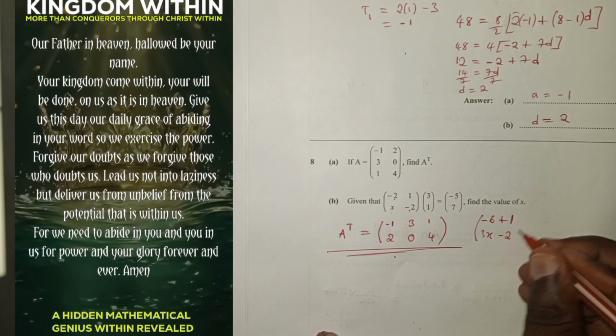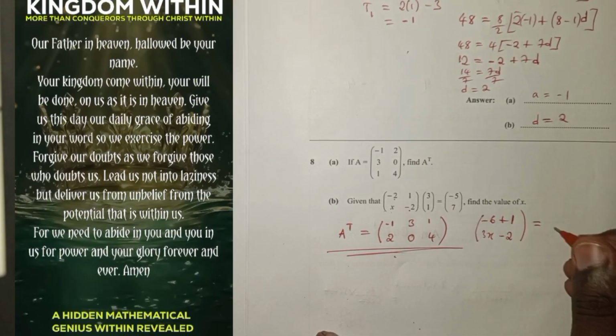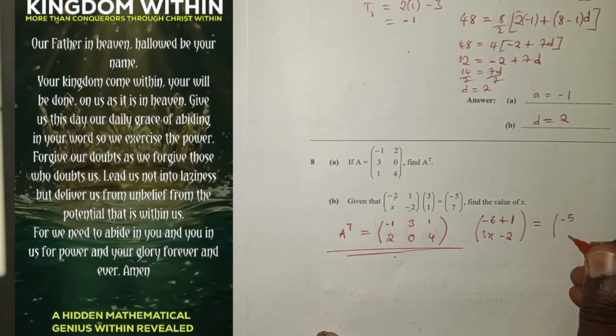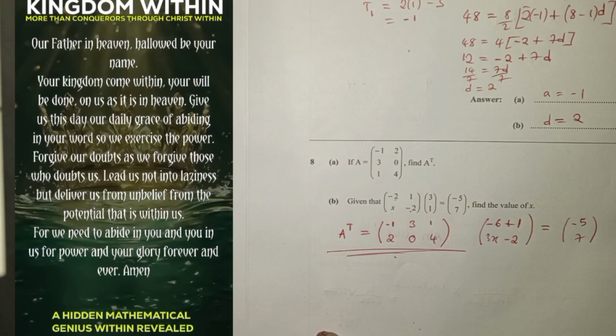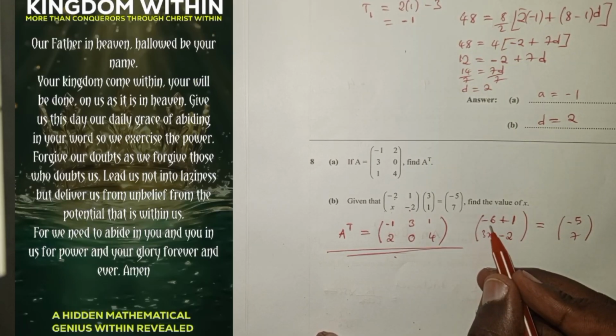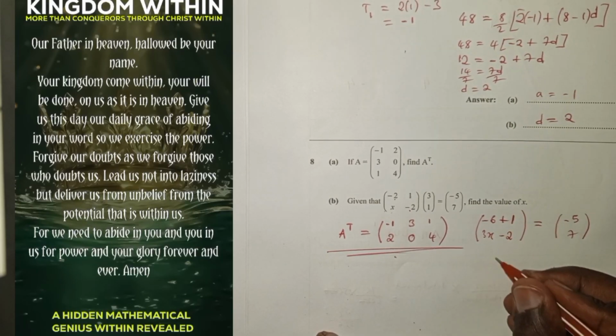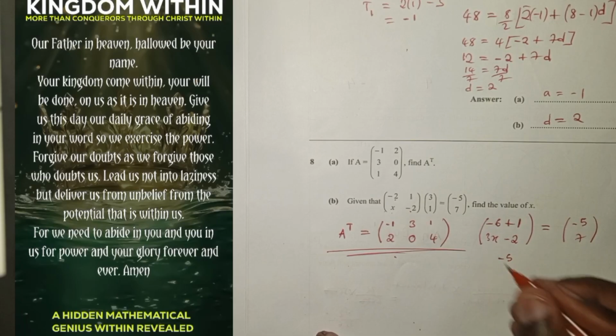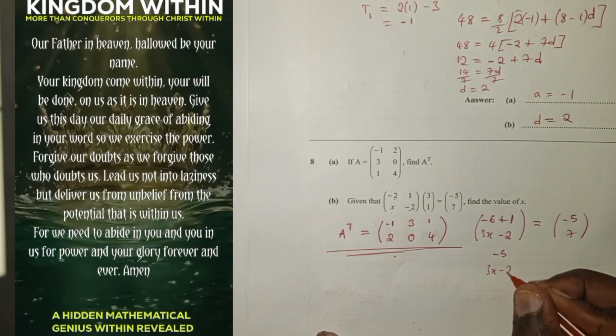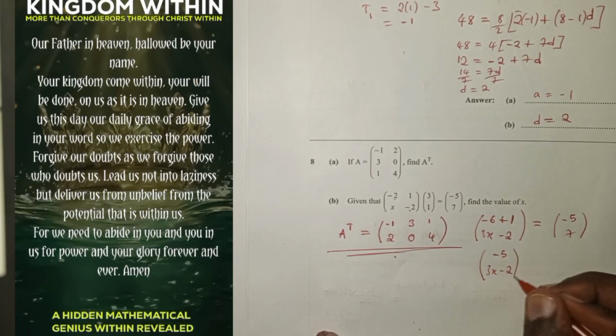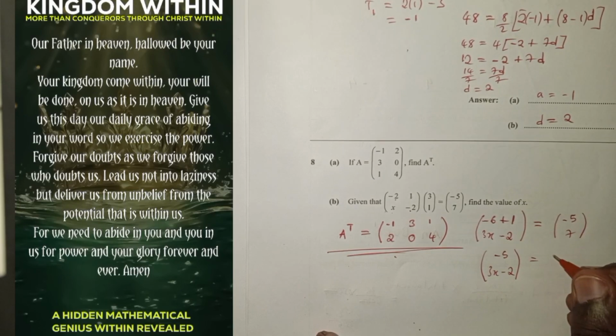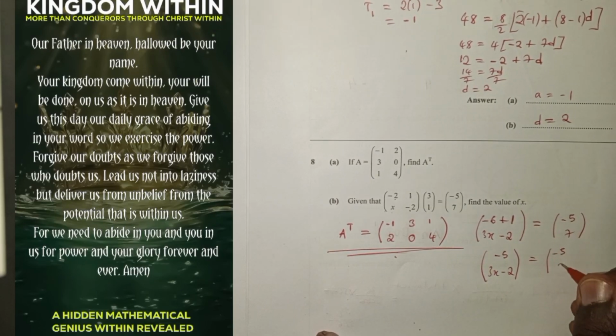So minus 2 there. And this is equal to minus 5, 7. Okay, so minus 6 plus 1, you get minus 5. And there we have 3x minus 2, since we cannot subtract a 2 from 3x. So this is equal to minus 5, 7.